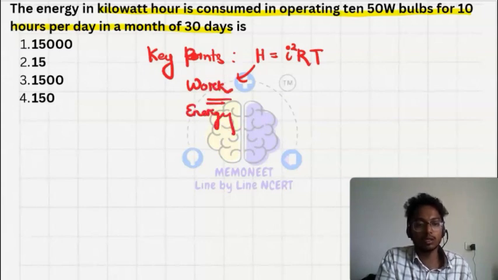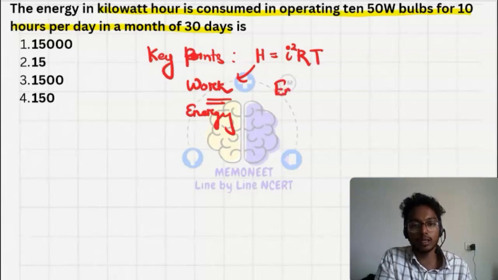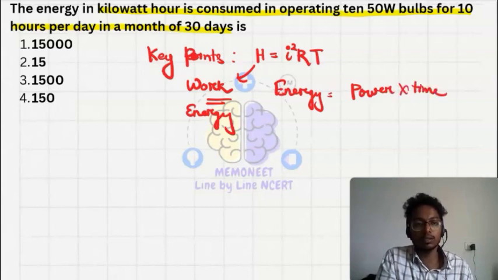So energy is equal to power into time. If I put the same logic in this question, the energy is in kilowatt hour, consumed operating 50 watt bulbs.